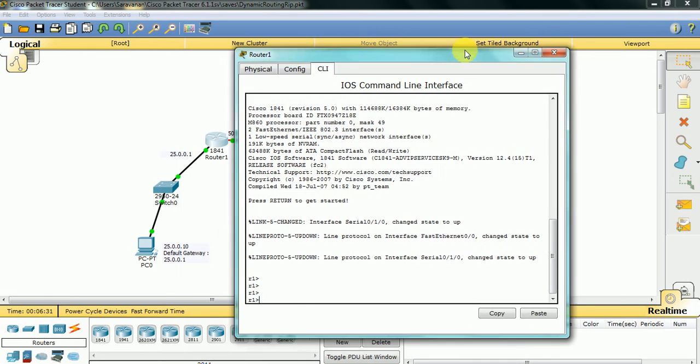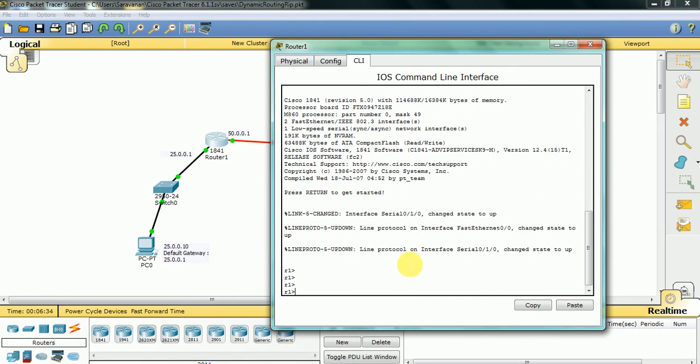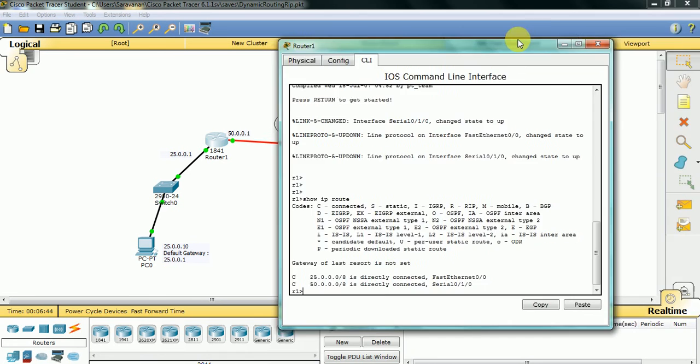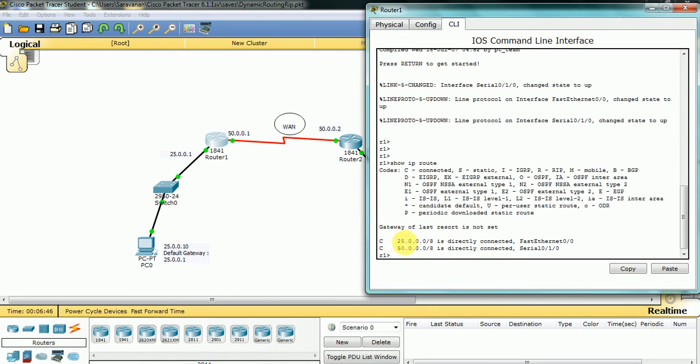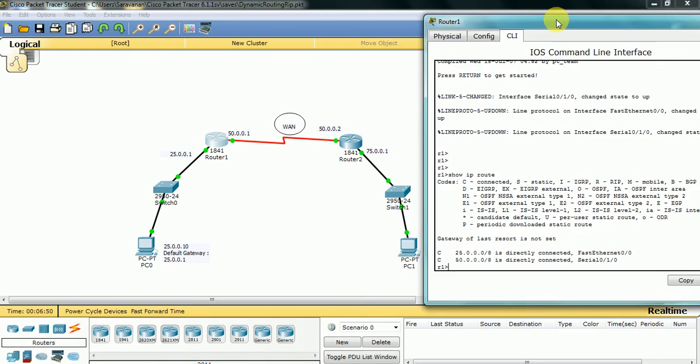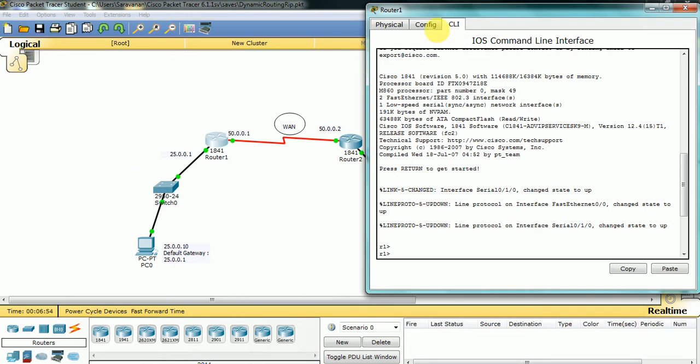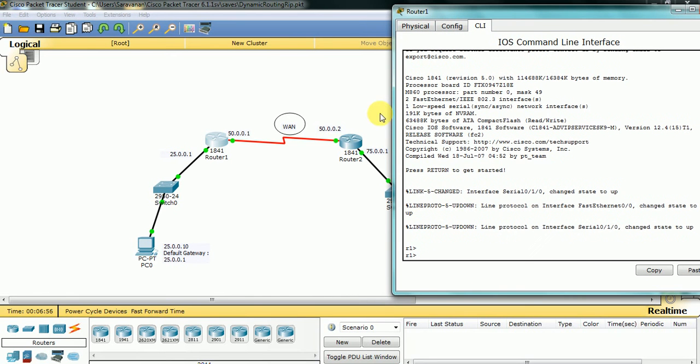R1 is router 1. Let us see the routing table. See, this particular system is directly connected with the 25 network and 50 network. It doesn't know about this 75 network. That is the reason why it could not reroute the data packet to this particular system.